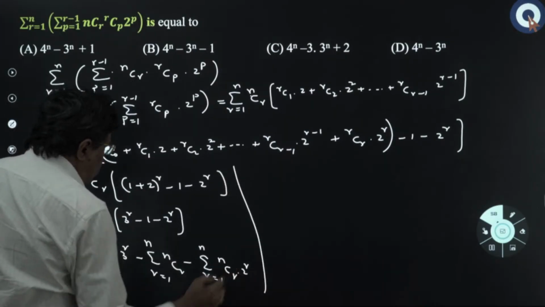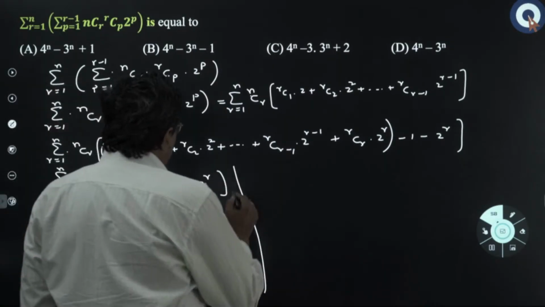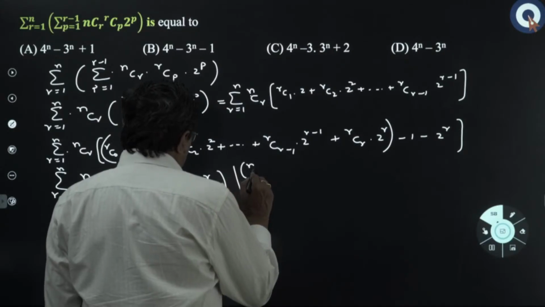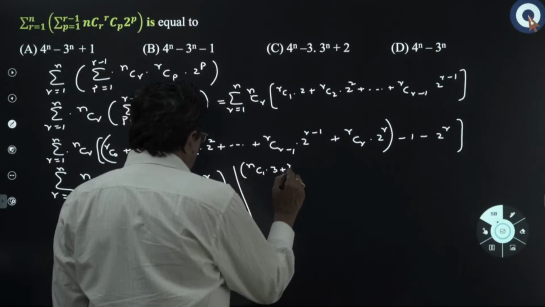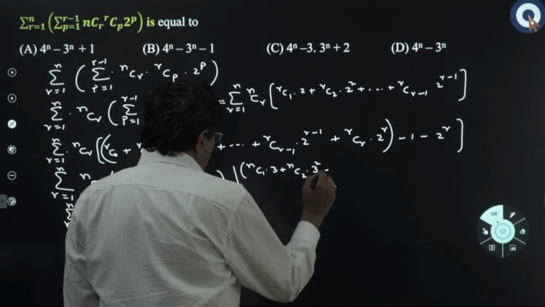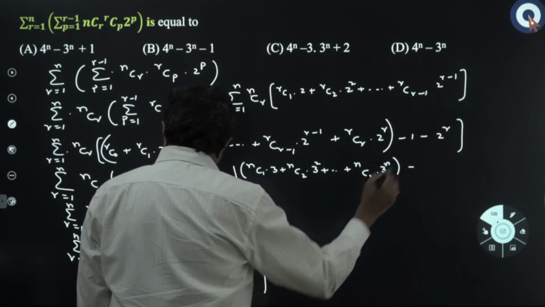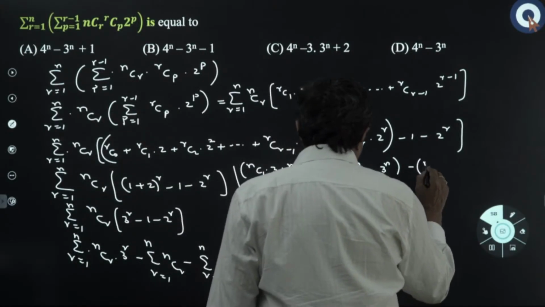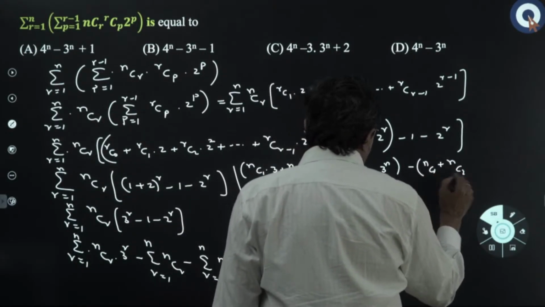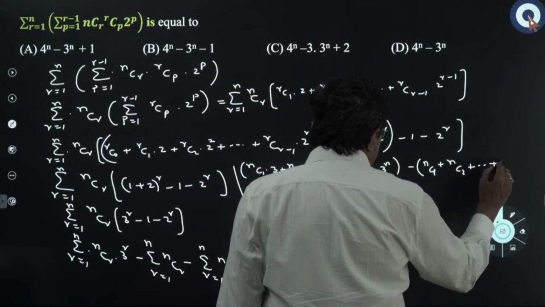So this is, the first one is NC1 into 3 plus NC2 into 3 square plus so on plus NCN into 3 power n. And then the second one is NC1 plus NC2 plus so on plus NCN.